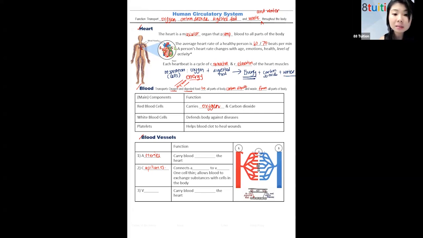Anybody has any idea? The doctor always says, I will poke your what? Veins. Yes, very good, Darius. Veins. Some of you who are very fair can actually see some green lines on your forearm. Those are actually your veins.